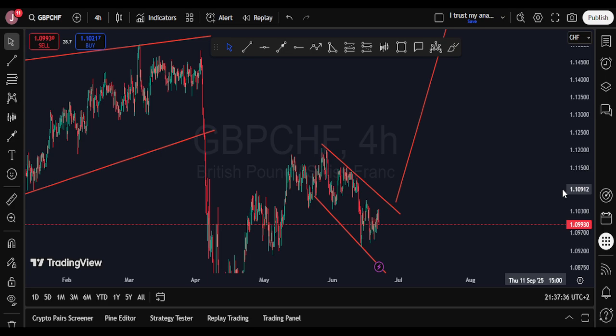So just wait for the break. Once you get the break, you can have your first target here, then your second target at these highs.